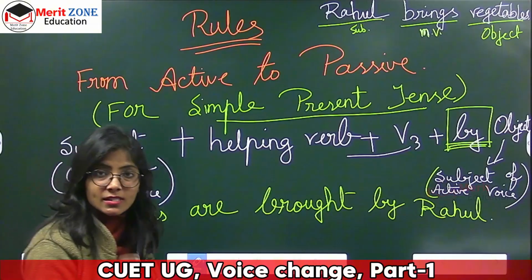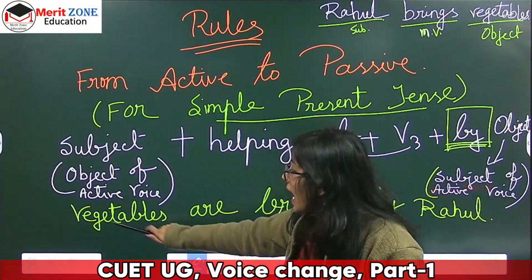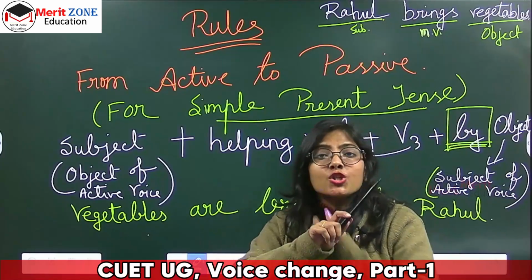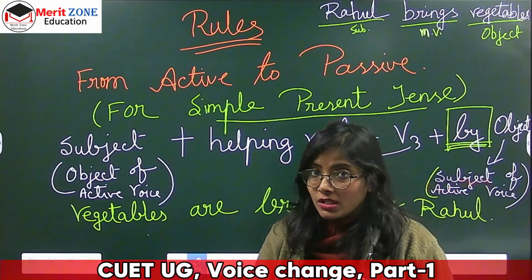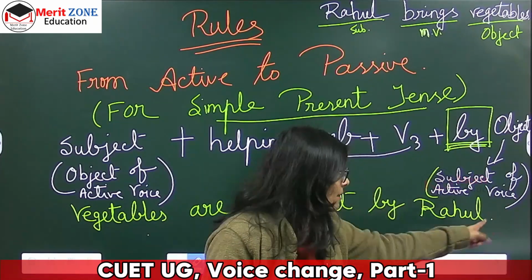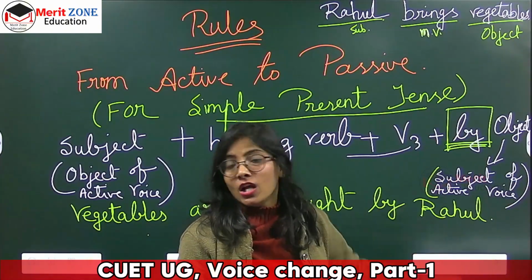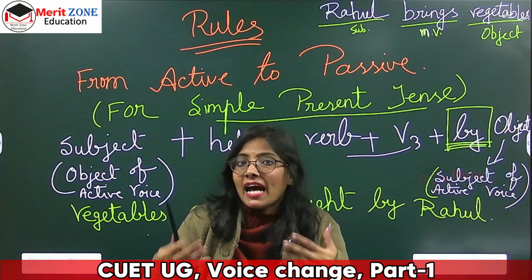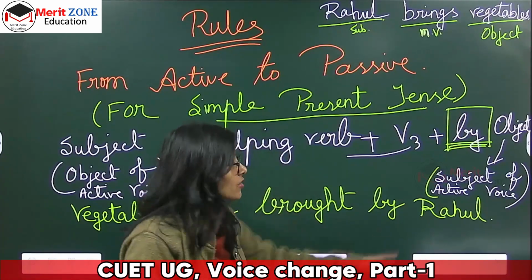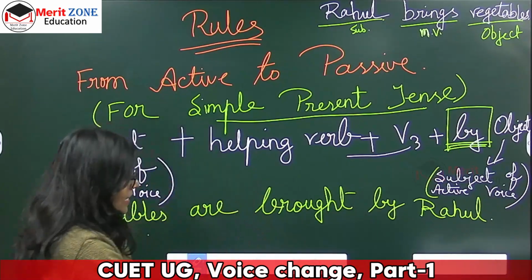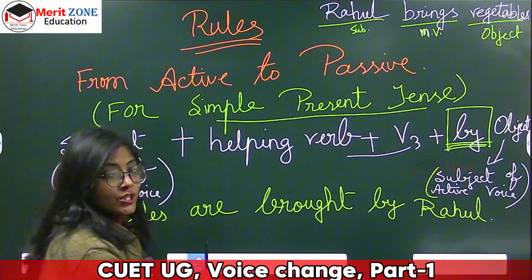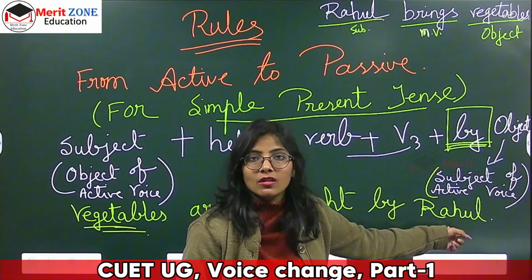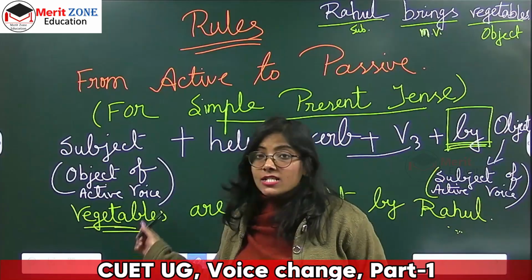Why passive voice? Why not active voice? Because here the subject, that is vegetables, is not doing the work alone. It is taking help of somebody, that is Rahul. Vegetables cannot come home from the market by themselves, so somebody has to bring them, right? So who is bringing them? Rahul is bringing them. So this particular subject is taking help of this person, Rahul. So here he is not the doer, right?